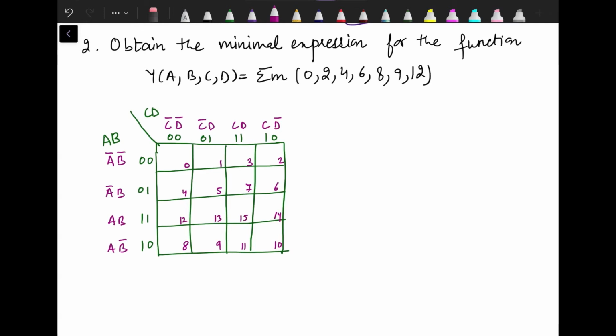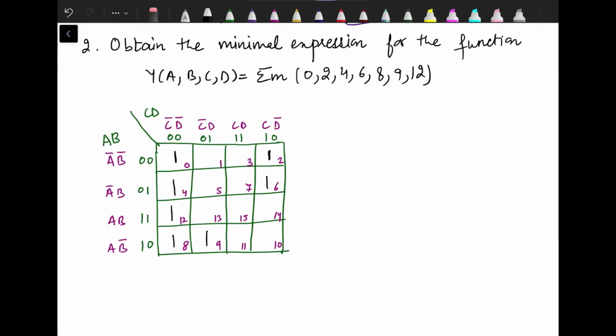14. Now next we need to place all the given minterms in the cells corresponding to them. So we have minterms 0, 2, 4, 6, 8, 9 and 12.